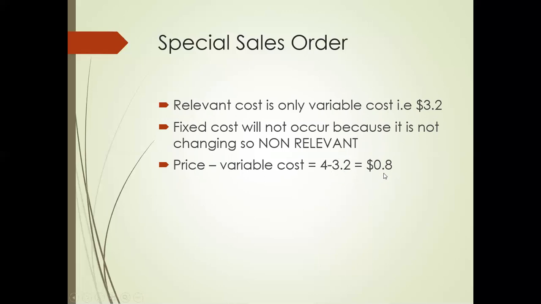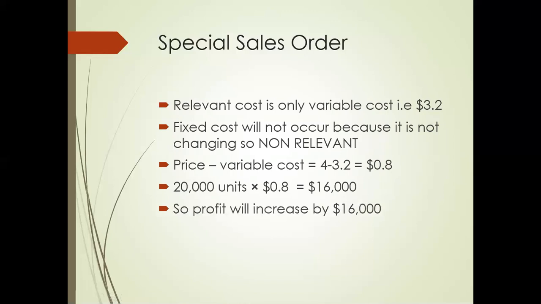It means that every unit is giving you a contribution margin of 0.8. This contribution margin will give you a final profit of $16,000 because you are accepting an order of 20,000 units. It means that we will be able to increase our profit by 16,000. So whenever any order is increasing your profit, naturally you will go for that one.